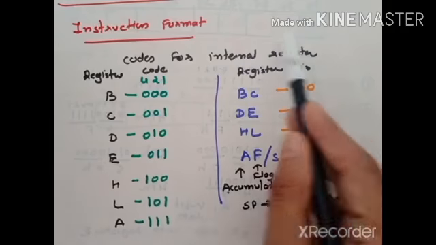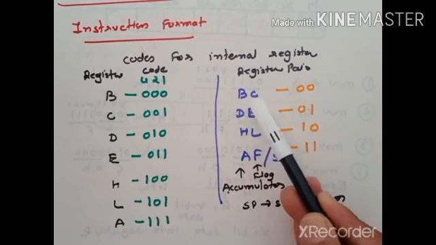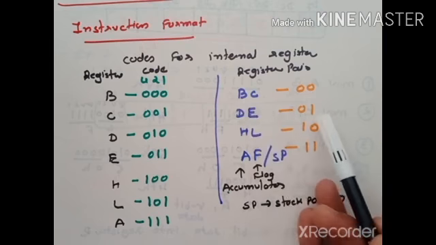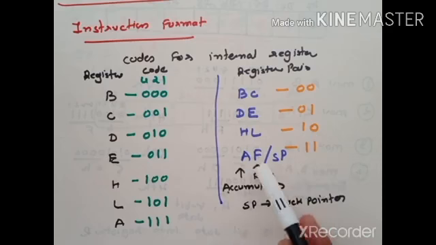If we use a register pair, the equivalent code of register pair BC is 00, DE is 01, HL pair is 10, then AF, that means accumulator and flag, or SP, that means stack pointer, has code 11.